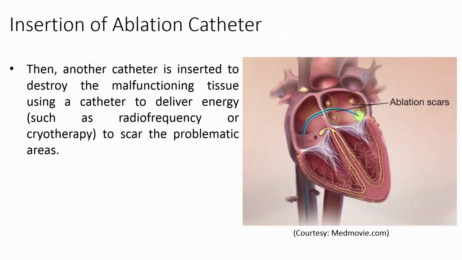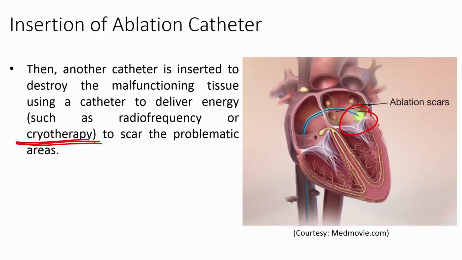Once electrical mapping is done, another catheter is inserted to destroy the malfunctioning tissue, using a catheter to deliver energy such as radio frequency or cryotherapy to scar the problematic areas. One way is, of course, to heat and destroy the tissue. Heating with RF will cause burning of the tissue. This burning will cause the ablation, and the electrical signal cannot pass through this ablated tissue. The second way is cryotherapy, which you can see here, by freezing the tissue.